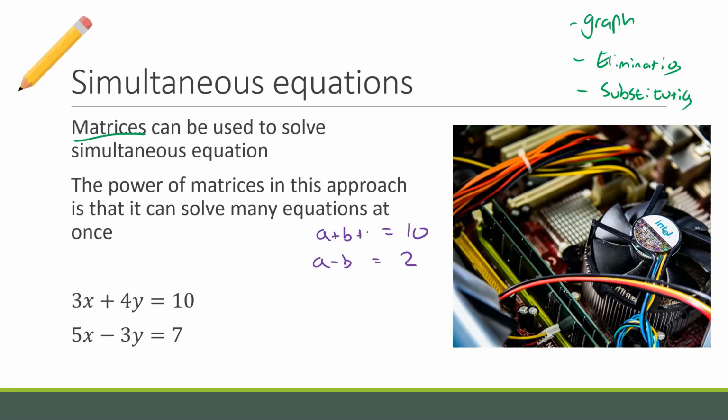But what if I said A plus B plus C equals 10 and A minus B plus C equals 2? Then you don't have enough information to calculate A, B, and C. So in order to solve this, you would need to have 3 pieces of information. Now you have enough information to solve for A, B, and C.